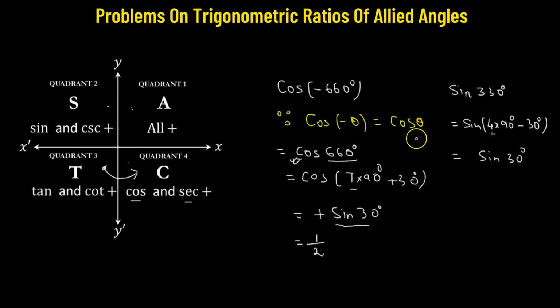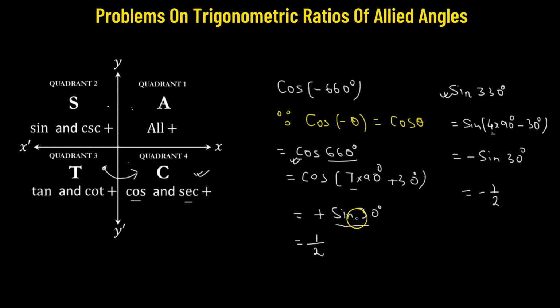We are in the fourth quadrant, and again we are also subtracting 30 degrees from it, but 30 degrees is lying between 0 and 90 degrees, so we are still going to lie in the fourth quadrant. In the fourth quadrant, cosine and secant are positive. So let's look at the original function, that's the sine function. This is going to give us a negative value. Sine 30 is half, so we're going to get negative half.